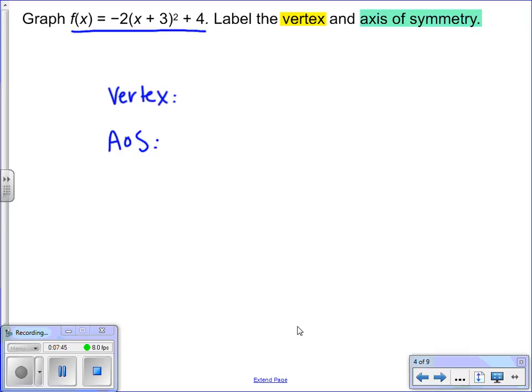Sometimes when people are starting out, they have trouble deciding, in that equation, which numbers are which letters for a, h, and k. So one thing that I encourage people to do if you're struggling is write the vertex form either above or below the equation. So f of x equals a times the quantity x minus h squared plus k.